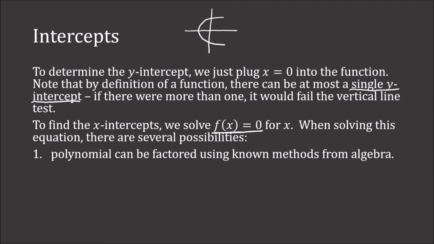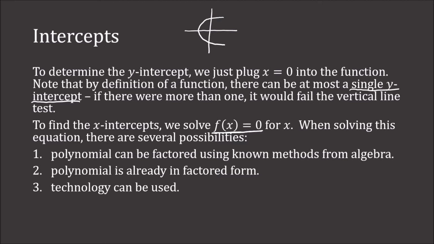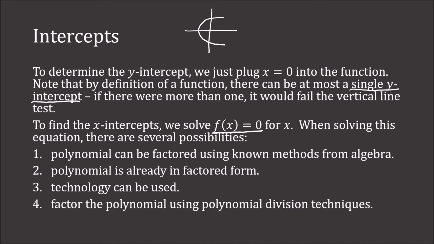The second possibility is that the polynomial is already in factored form. The third possibility is we'll just use technology. And the fourth possibility is that the polynomial must be factored using polynomial division techniques.